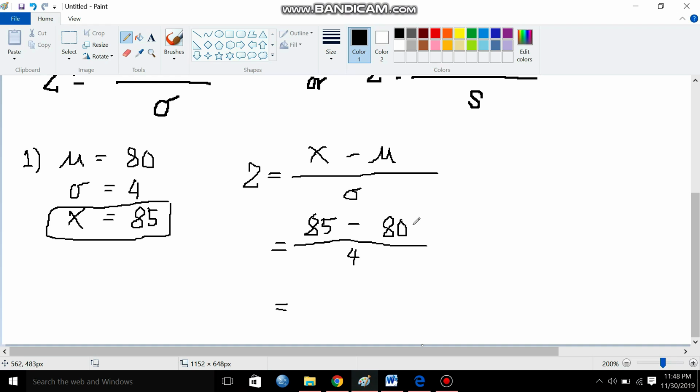So we'll just subtract these two numbers. 85 minus 80 is simply 5 all over 4.